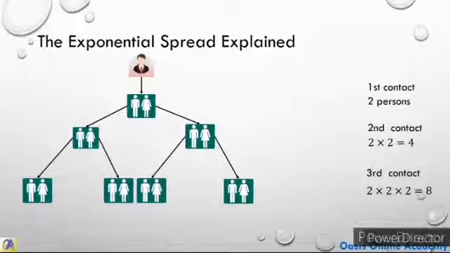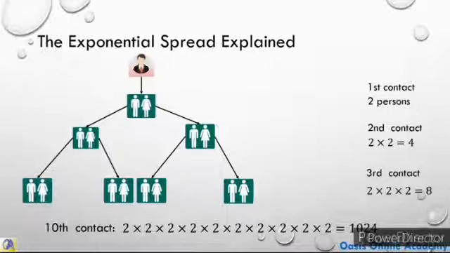If the process continues with 2 people contaminated at each time, then in the 10th contact, we will have a total of 2 times 2 times 2 times 2 repeatedly 10 times, and that gives us 1,024 people contaminated. That is a huge number, and I bet you this can happen even within one day.